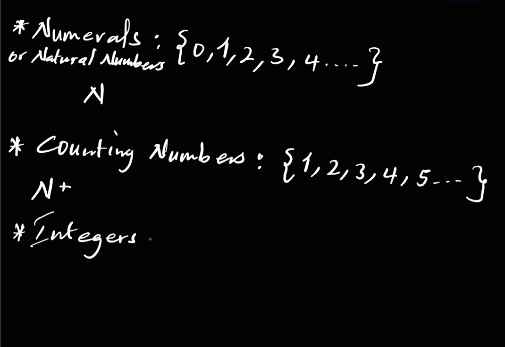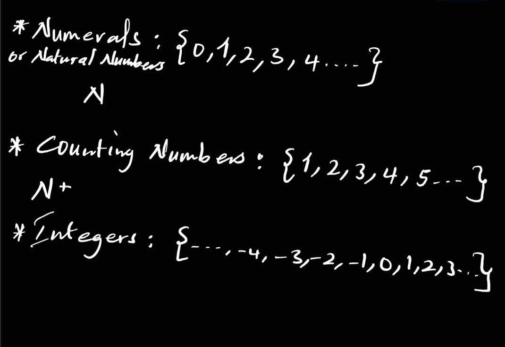So integers are numbers such as negative 4, negative 3, negative 2, negative 1, 0, 1, 2, 3, etc., and the list continues in both directions. And the symbol for integers is the capital letter Z. When you see the capital letter Z, it represents integers.